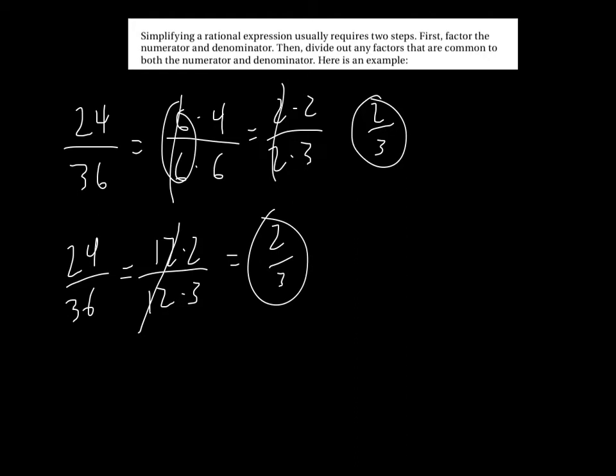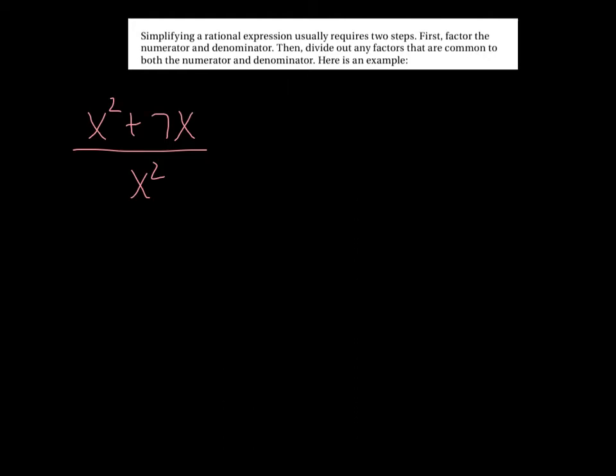Okay, now let's continue on to rational expressions. As it says above here, simplifying a rational expression usually requires 2 steps. First, factoring, then dividing out any common factors. So when we factor out the top piece here, my rule of thumb is to pull out something common first.